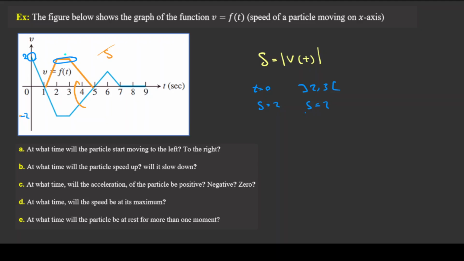As I was explaining, guys, suppose we have a graph like this. At what time will the speed be at its maximum? Look at the highest point and the lowest point on the graph.